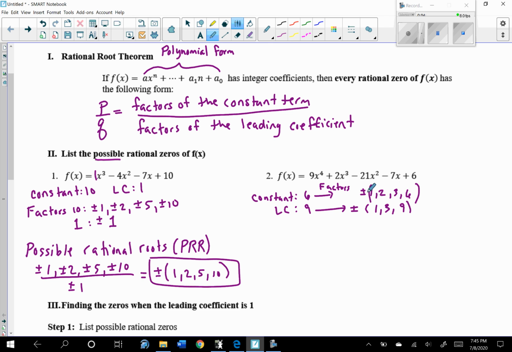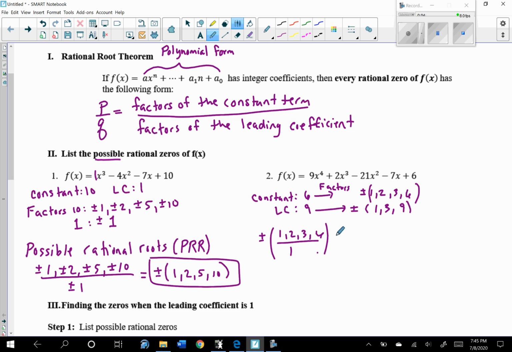So we're going to be dividing these terms by all of these. I'm just going to, again, put the plus or minus out in front so I don't have to write it each time. So plus or minus 1, 2, 3, 6, all divided by 1, 3, and 9. What does that really mean? That really means you're dividing all of these numbers, I'm just going to write it separately, by first 1.